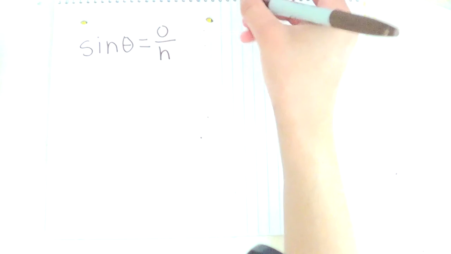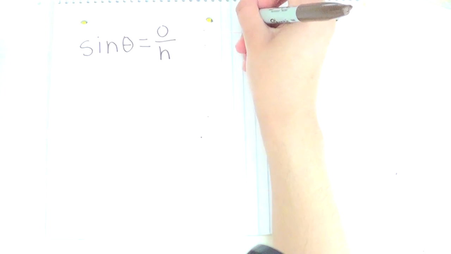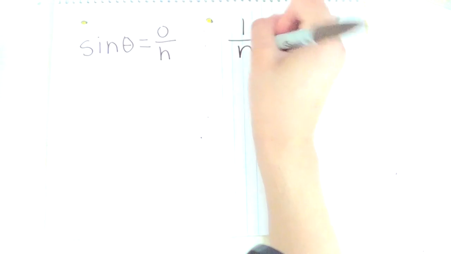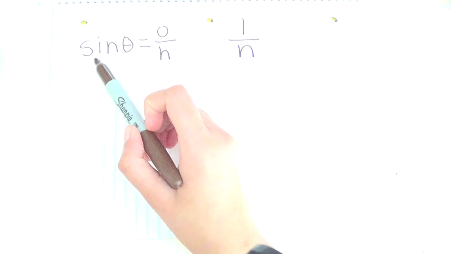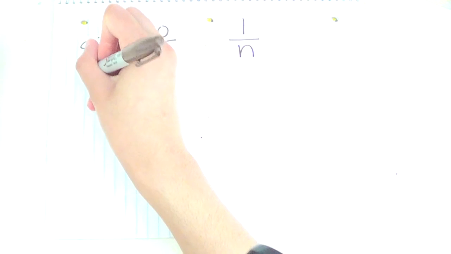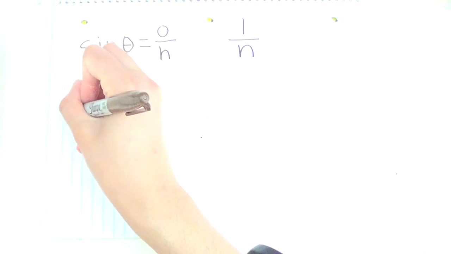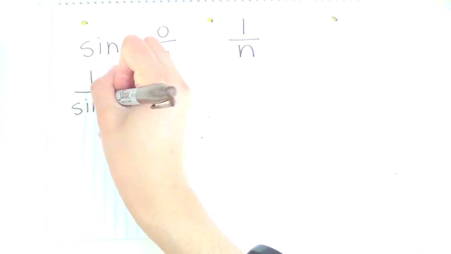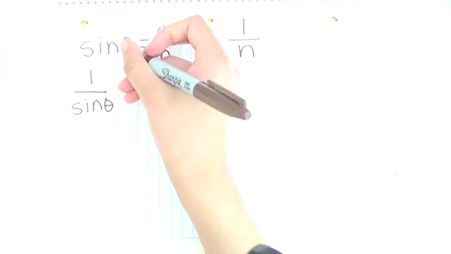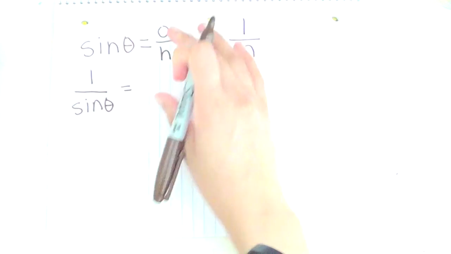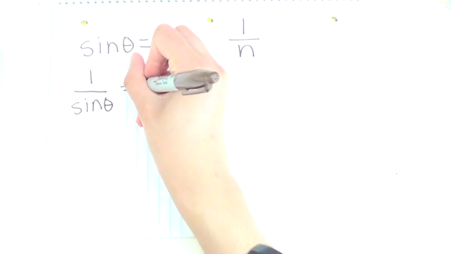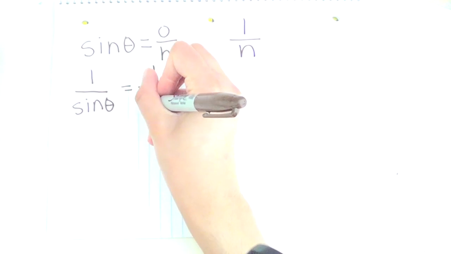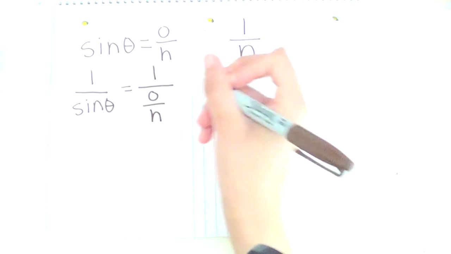We would use the reciprocal formula of 1 over n. Since our n, the value we want to make the reciprocal of, is sine theta, we would put 1 over sine theta. And to solve for this, we would plug in opposite over hypotenuse and put it here. So technically it would be 1 over opposite divided by hypotenuse.